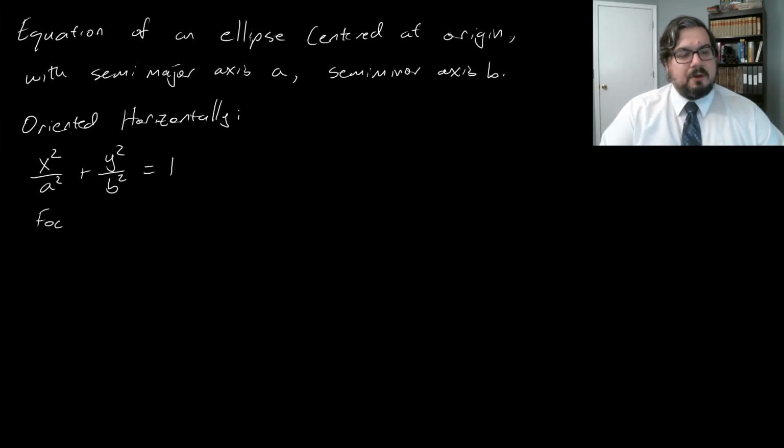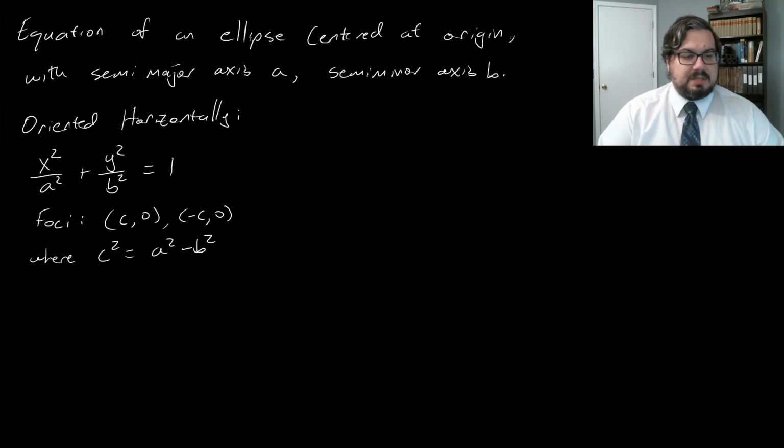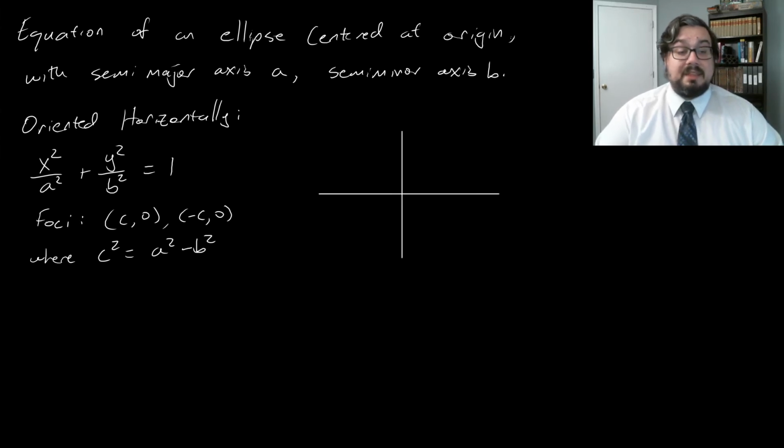And then the foci are at the points c, 0 and negative c, 0, where c squared is equal to a squared minus b squared. And so this picture is the one that we had before, where we've got the foci at c, 0, negative c, 0.